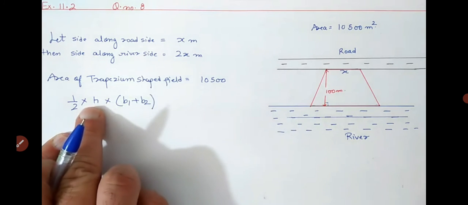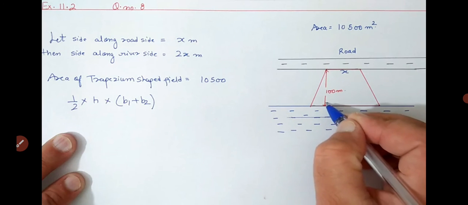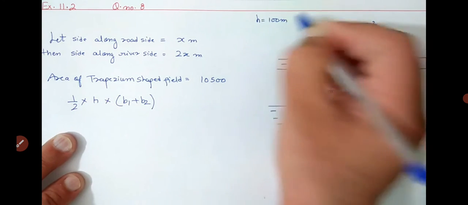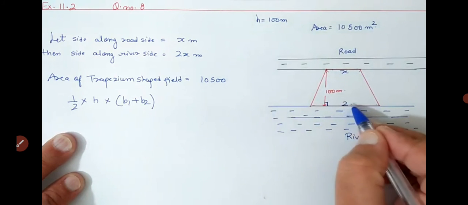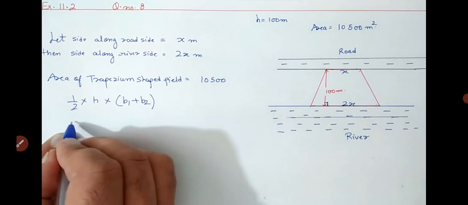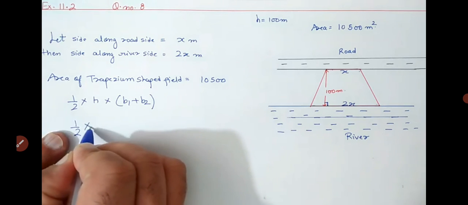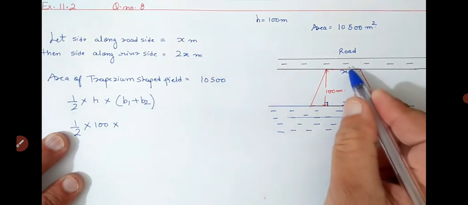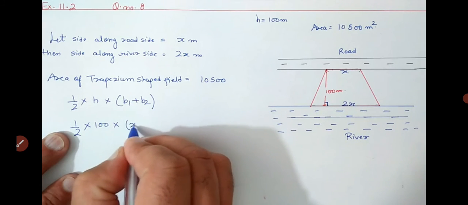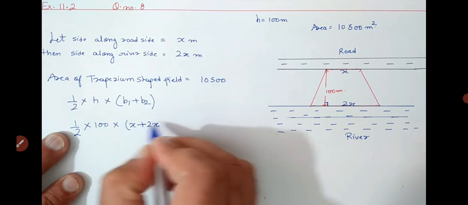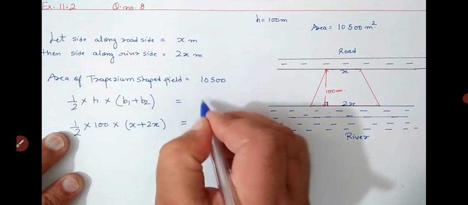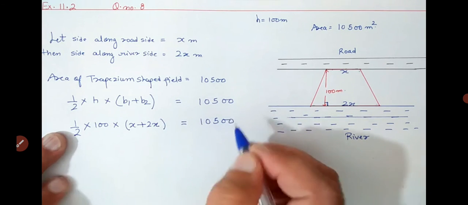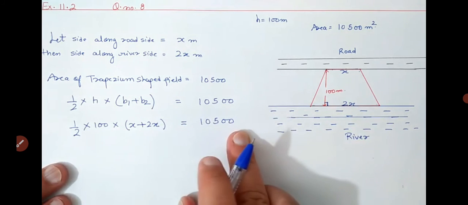Okay, h is given 100 meter, b1 we know x, and b2 is 2x. Okay, so let's write 1/2 into h is 100 into b1 is x and b2 is 2x, x plus 2x is equal to 10,500. Okay, so let's solve it.